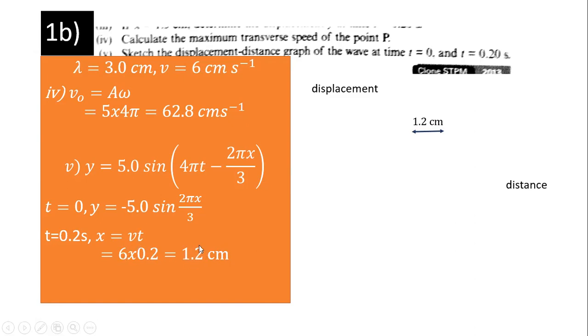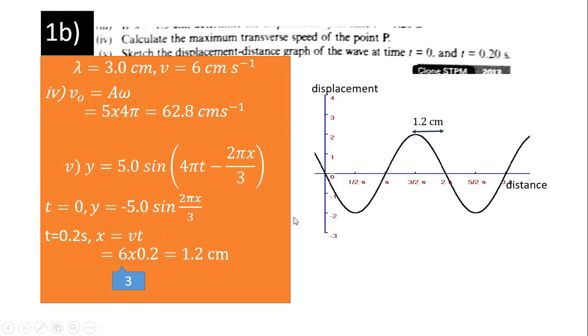Right? Okay, how far has it traveled? Okay, your answer is a bit wrong. You put 3 instead of 6. Right? v is here. t is 0.2 seconds. So this one is a sine graph, right?